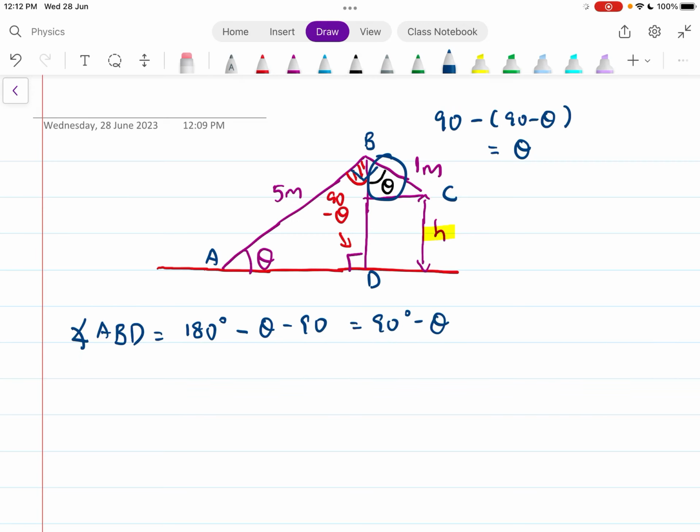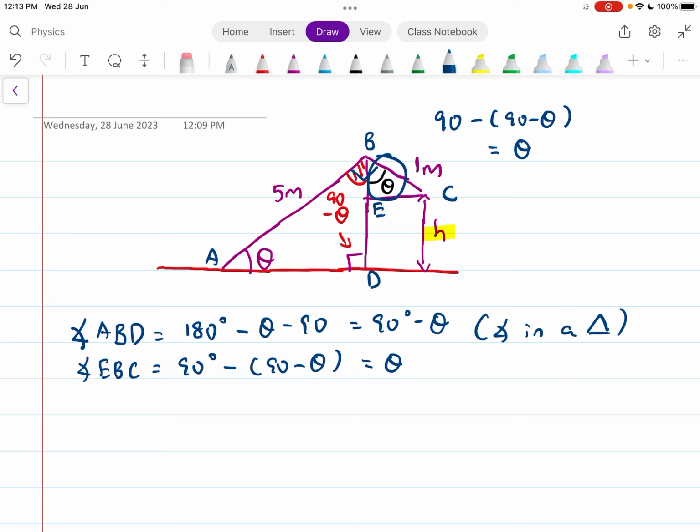Next, let's call this E. Angle EBC is equal to 90 minus (90 minus theta), so this will give you theta. Remember to write the reasoning. For ABD, the reason is angle sum in a triangle. For EBC you don't need it because it's understood.